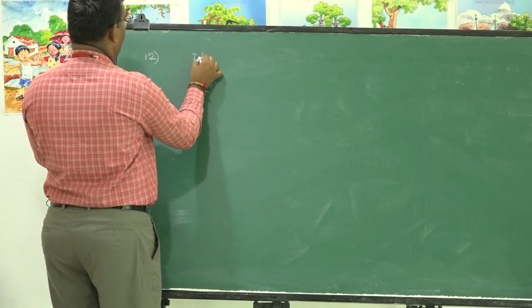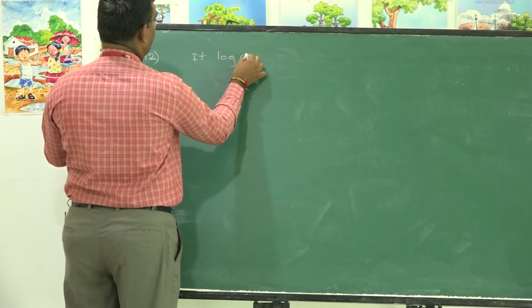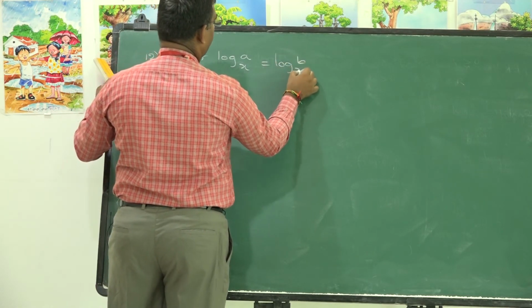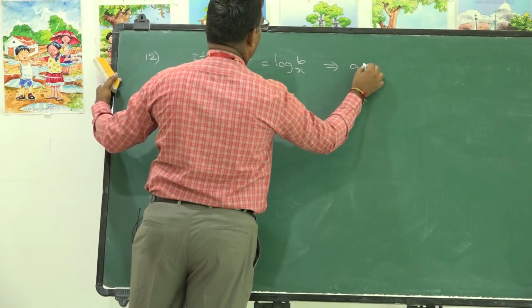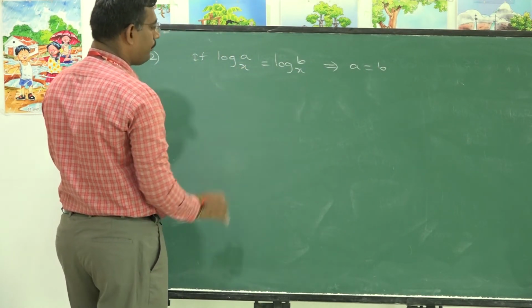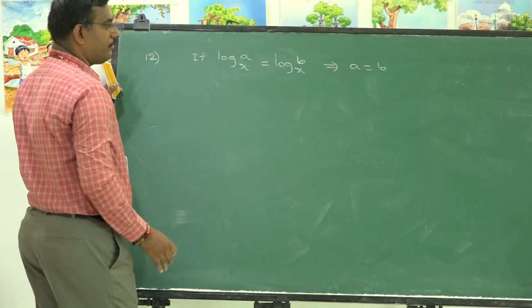If log a base x is equal to log b base x, then a is equal to b, where a and b are positive real numbers, x is also a positive real number, and x is not equal to 1.